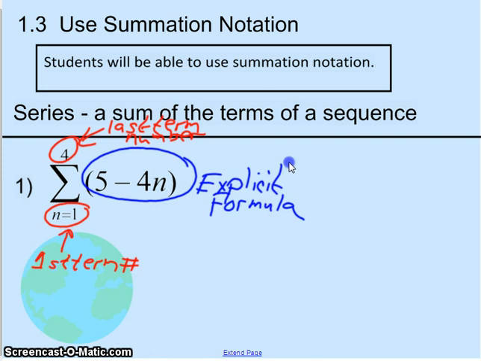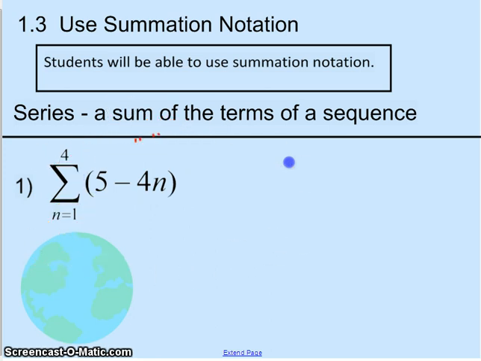So what I'm going to do is find the first 4 terms of this sequence, and then add them up. Let me get rid of all of this so it doesn't look so sloppy now that I've explained what we're doing. And now I'm going to add together the first 4 terms of this sequence.